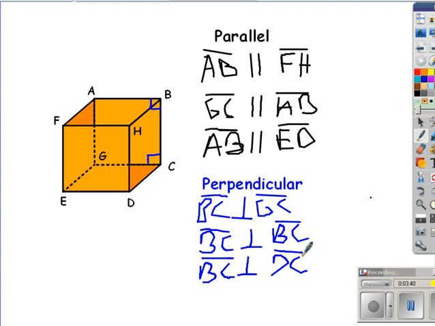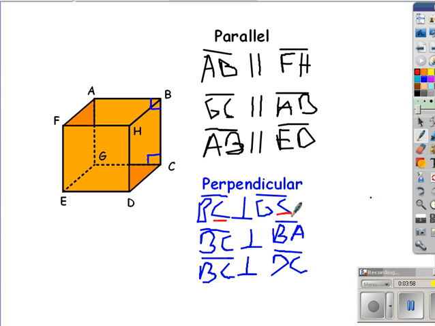And I'm sorry, I just realized I wrote BC is perpendicular to BC. In that second one, that should be BA. I apologize about that. There we go, BA.